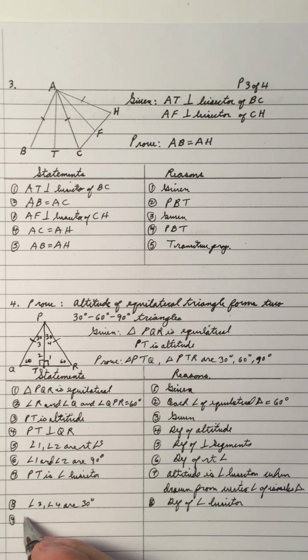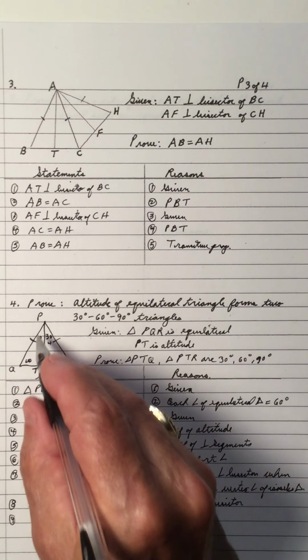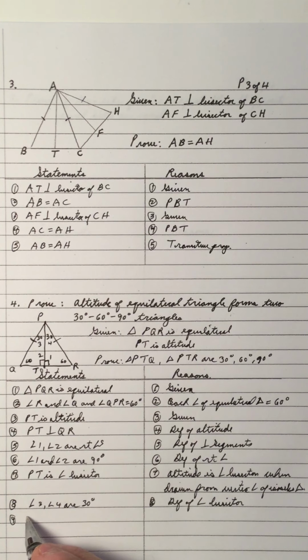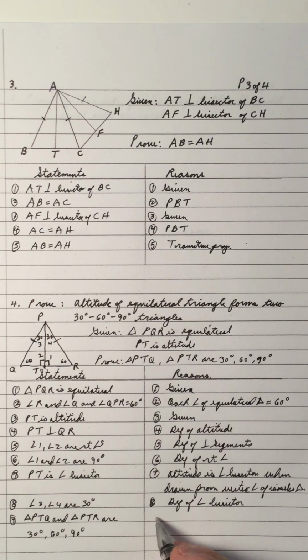That means that we have a 30, 60, 90 and a 30, 60, 90. So triangles PTQ and triangle PTR are 30, 60, 90.